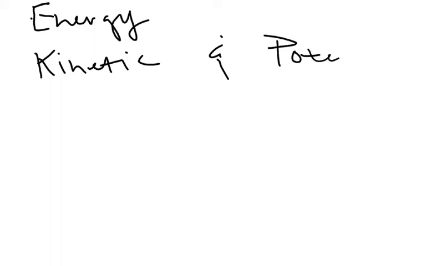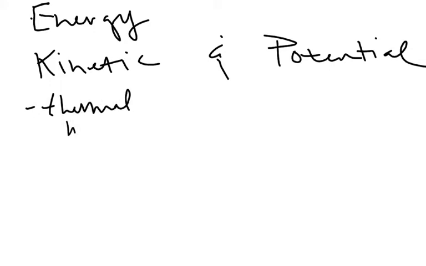We said that there are two major kinds of energy: kinetic and potential energies. We said that kinetic energy is the energy of motion, and that in chemistry we're interested in thermal motion, which is the motion of atoms or molecules.